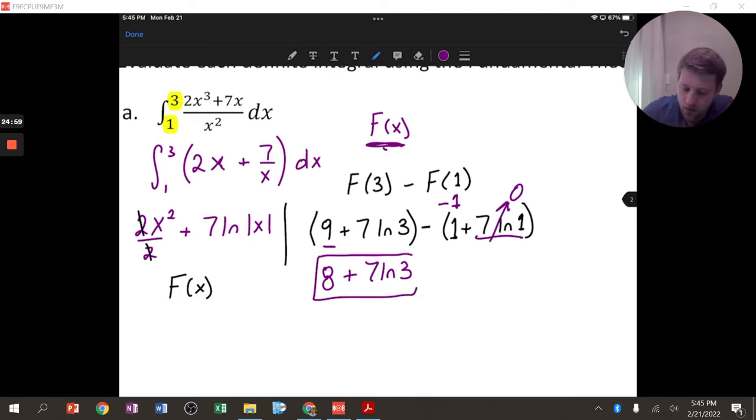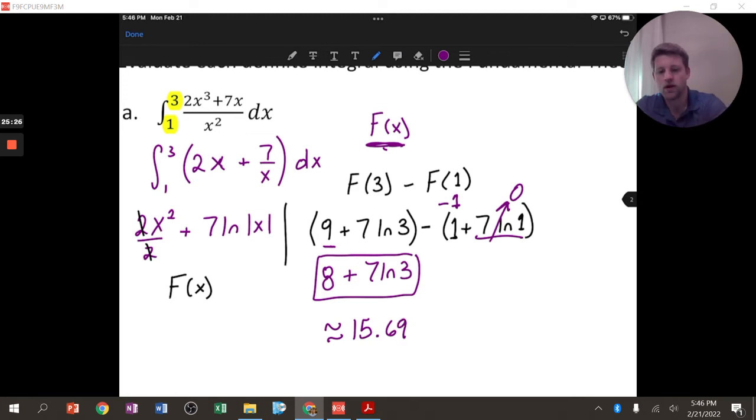8 plus 7 ln 3. And just to get a decimal, let's maybe just evaluate this and just see what we've got. 8 plus 7 ln 3, just for an approximation, we should be about 15.69.